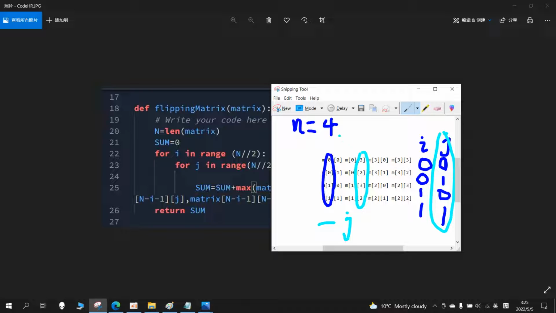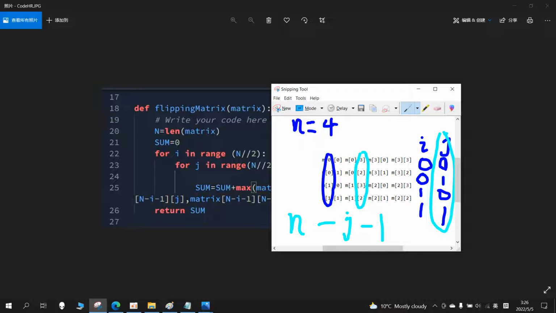Okay, then do you remember n equals 4, and these values are all less than 4 but have some relation, so probably we just write n here, n minus j. For the first one, n minus j, 4 minus 0 equals 4, but our value is 3, so 1 is off. And for the second one, 4 minus 1 equals 3, but this is 2, again 1 off, so probably we can try to write minus 1 here.